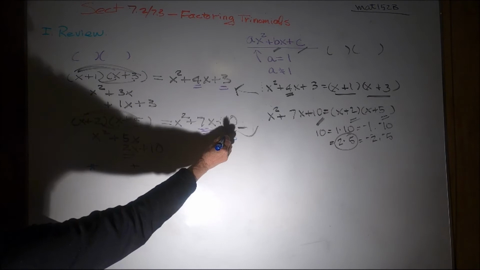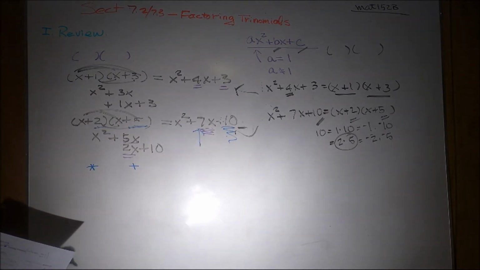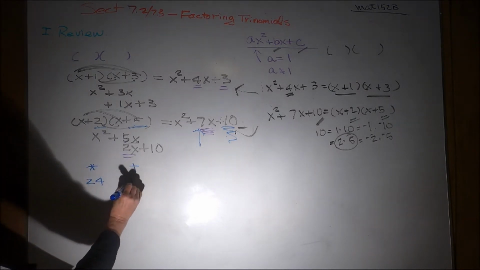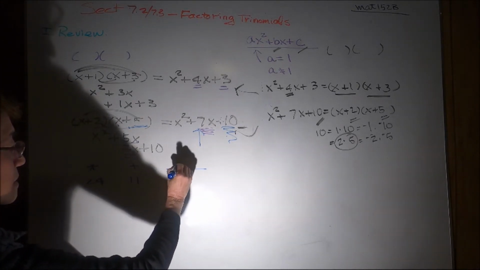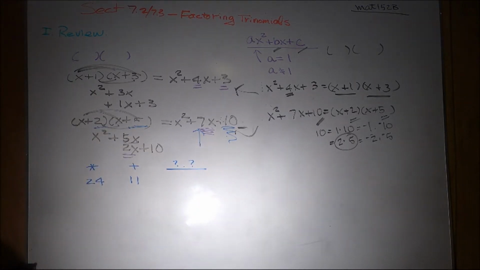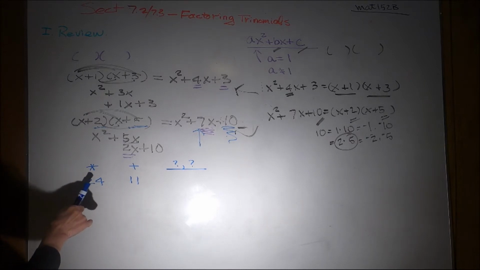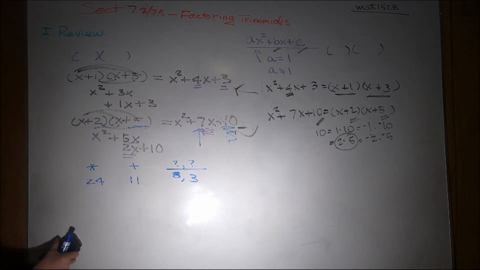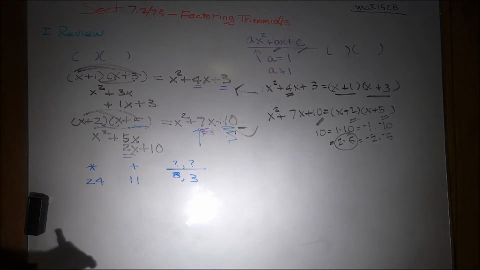Add together is your B. So if multiplied together we want 24, and added together is 11, which two numbers will work? So what do you think? You analyze the things you are going to multiply. So 8 and 3 will work. It will take you a while to get used to it, right? 8 times 3 is 24, added together is 11.